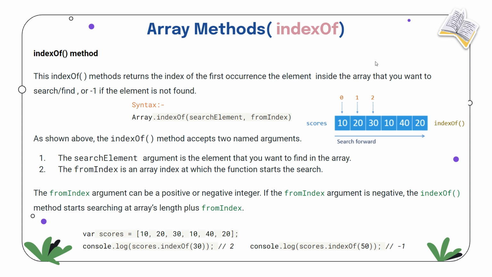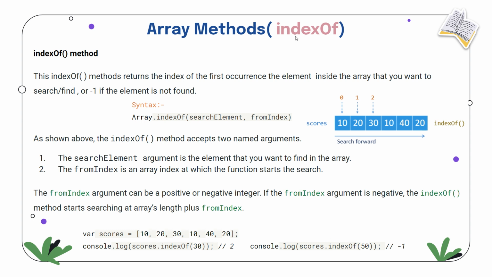So we have one array method, indexOf, which is index and O caps with Of. This indexOf method will find the element inside the array, and if it is matched, let's suppose the array element is found, then it will just return the index of that element.